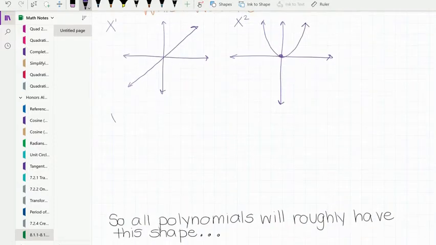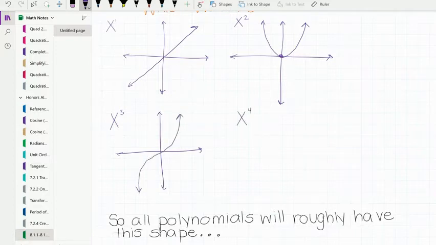Then I can have x cubed, which would look something like that. And then x to the 4th power, which would look very similar to a parabola, but it just hangs out on the x-axis a little bit longer.